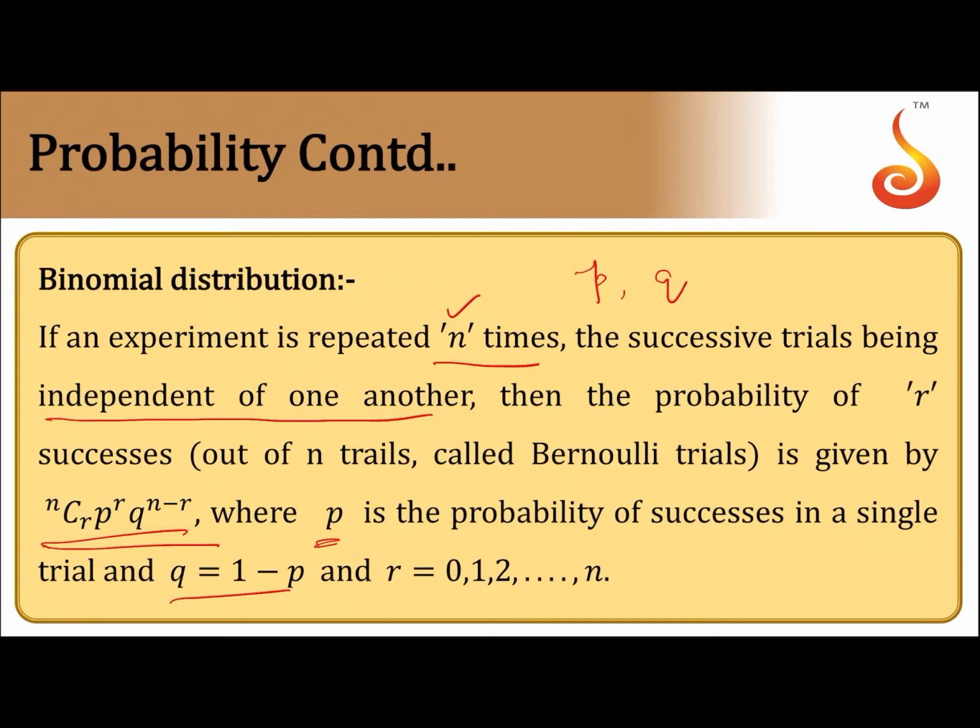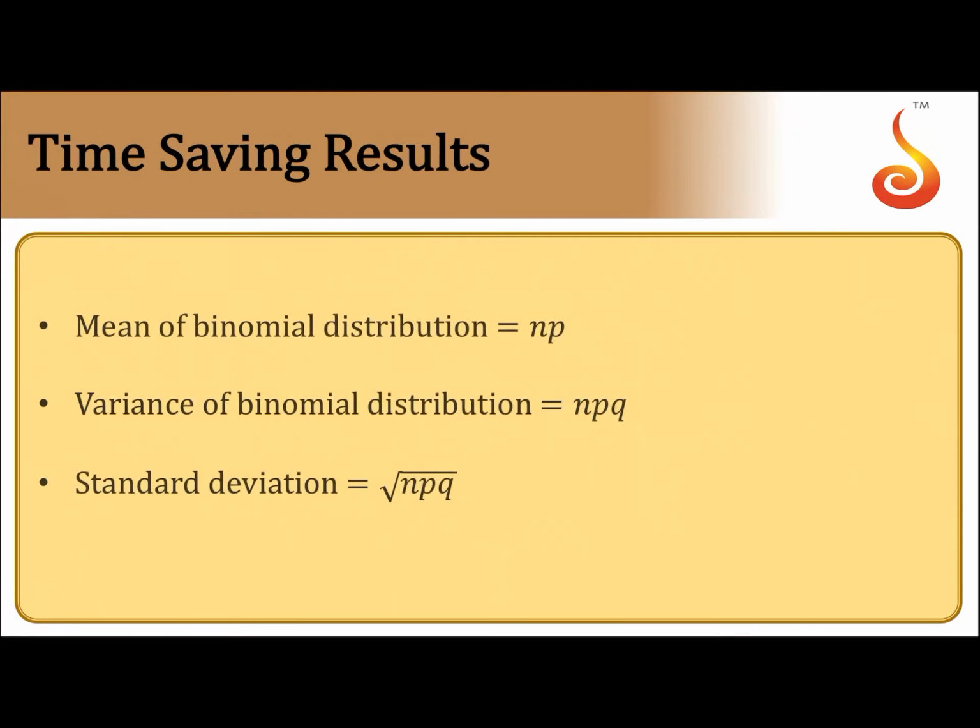This is said to be the binomial distribution, where the mean of the distribution is equal to np, the variance is equal to npq, and the standard deviation is equal to the square root of npq. Remember that the probability of r successes is given by nCr multiplied by p power r into q power n minus r.